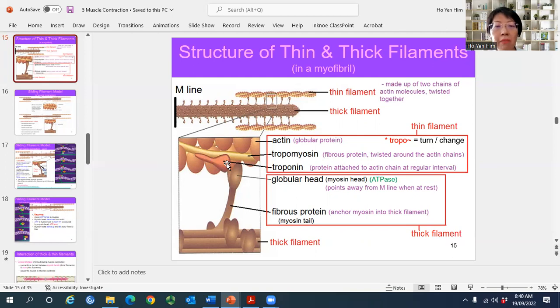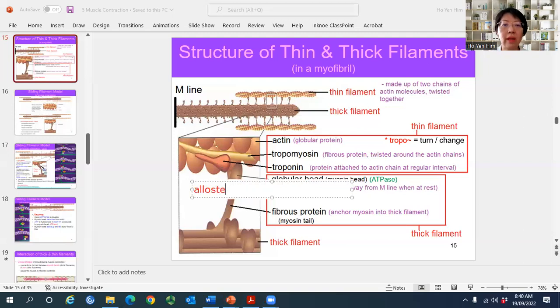So calcium will bind to troponin, and because this is a globular protein, it portrays the feature of allosteric property. All globular proteins where something can bind to them will have this property.